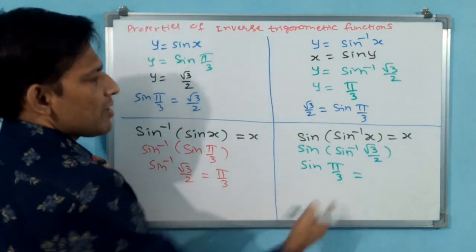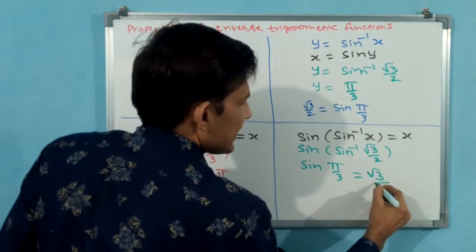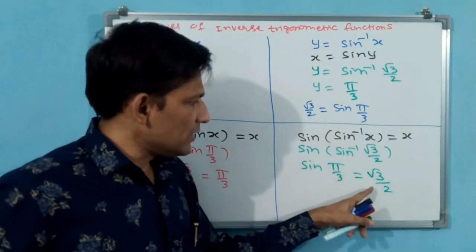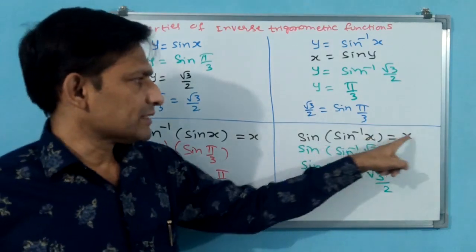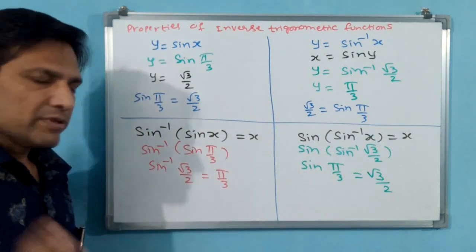Sin pi by 3 is root 3 by 2, you write root 3 by 2 again. Finally you have taken x as root 3 by 2, and finally root 3 by 2 has come. That means sin of sin inverse x is equal to x has been proved, and sin inverse of sin x is equal to x has been proved.